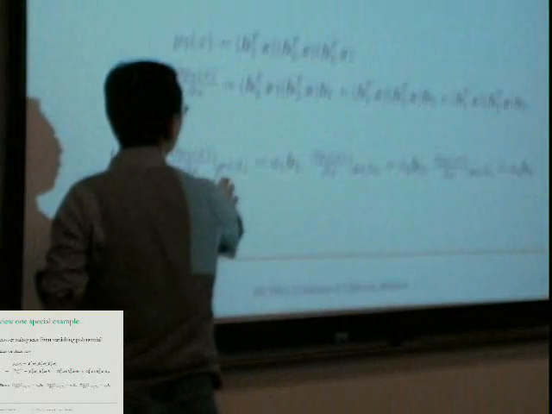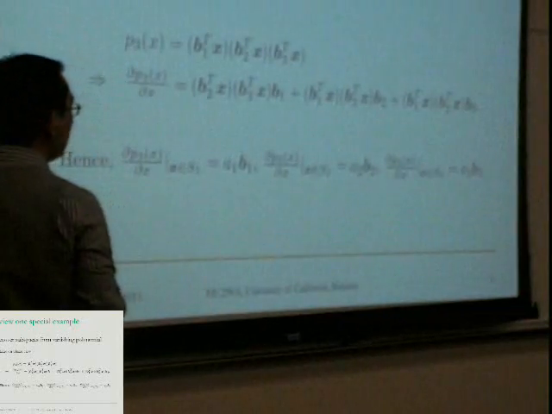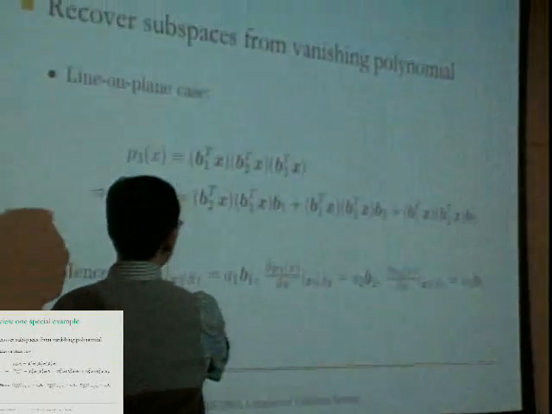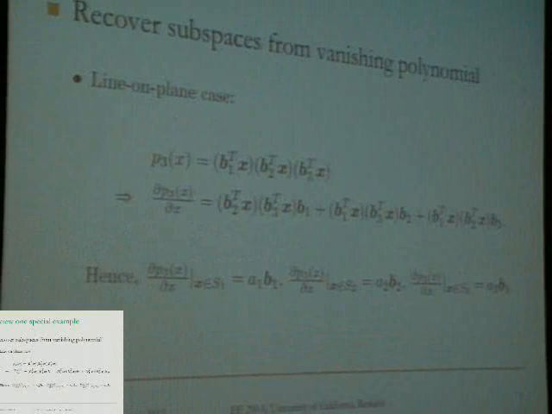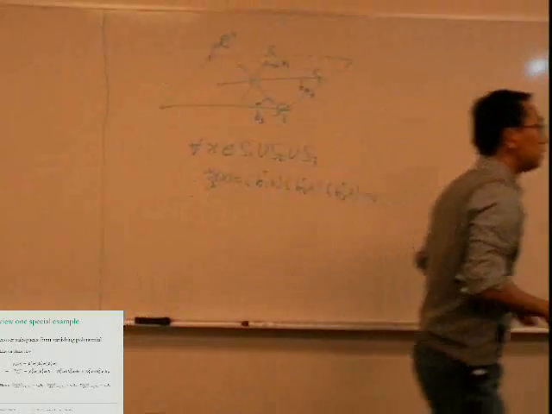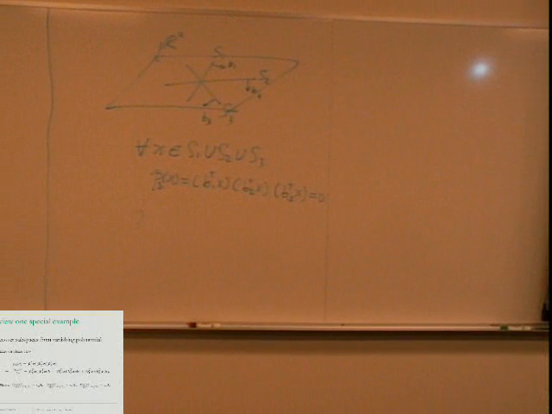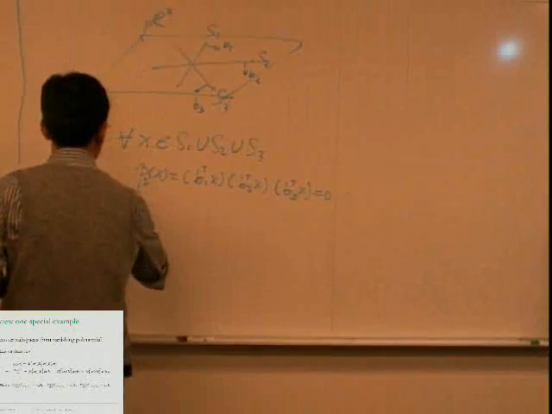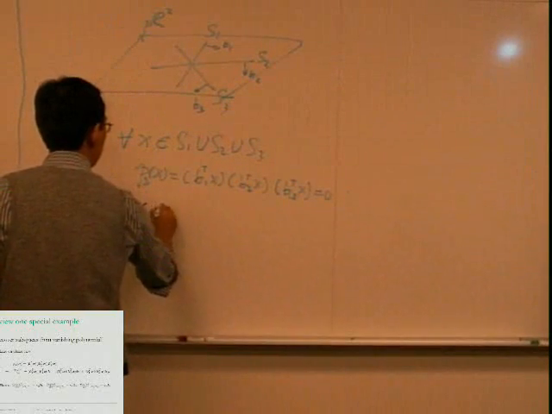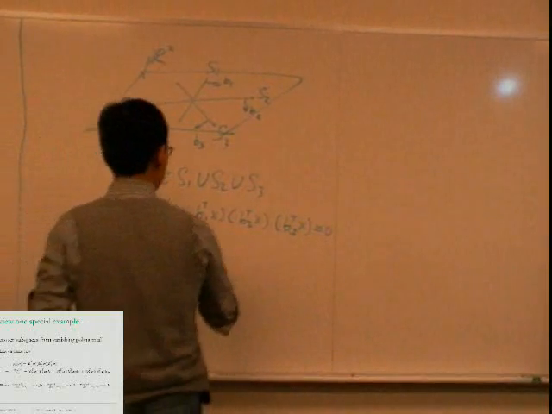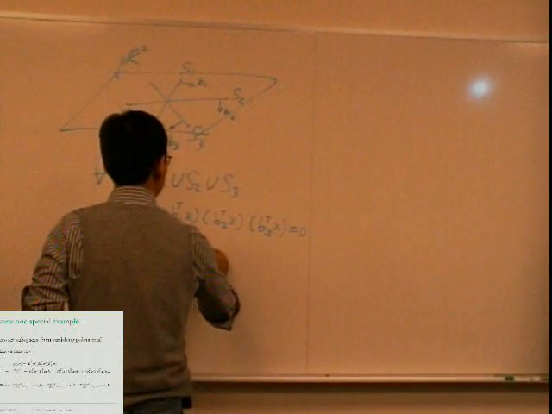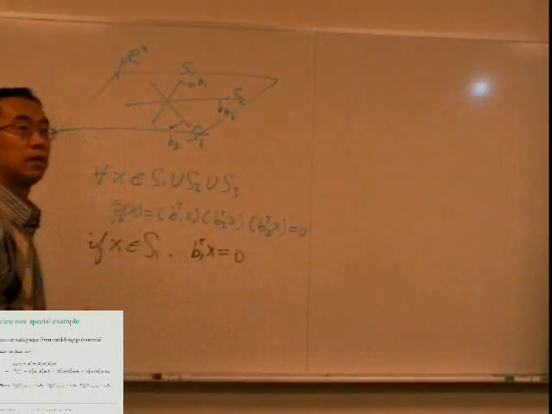For example, if x is from S1, we know that B1 transpose x has to be equal to 0, right?